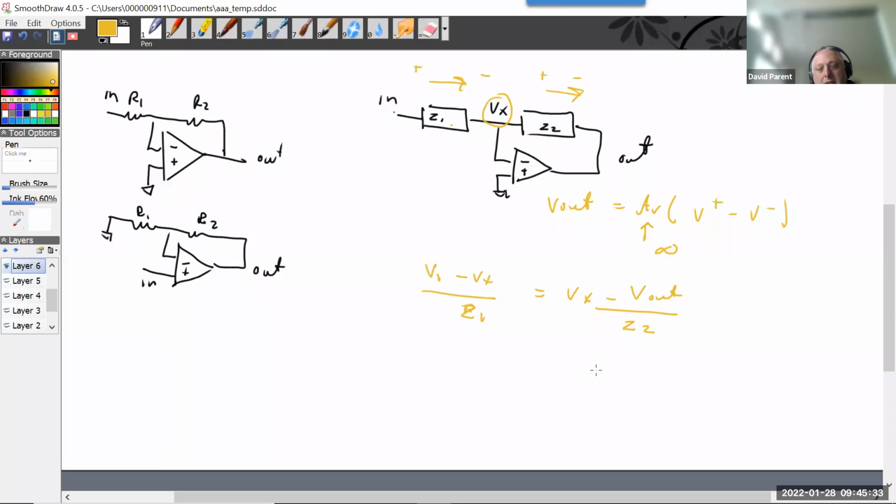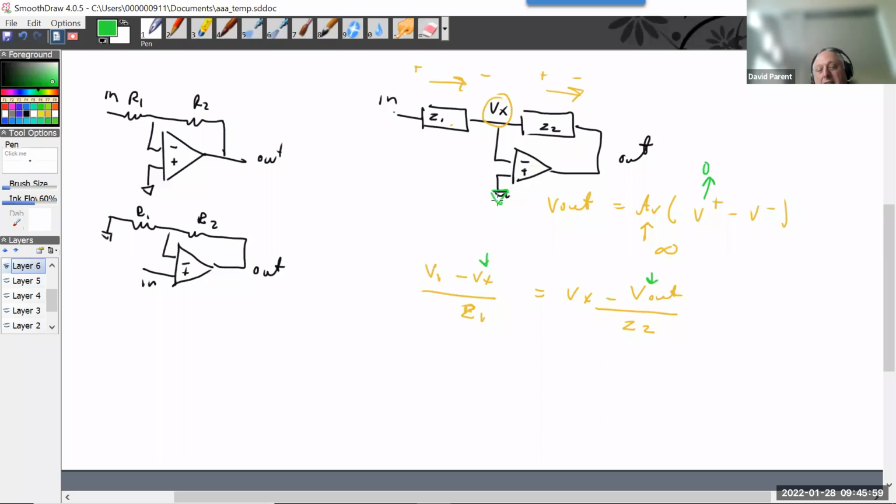So we don't know Vx, and because V out depended on Vx, we don't know that either, right? So anyway, V plus here is tied to ground. And ground is like a voltage source. It's like a battery with no potential, right?